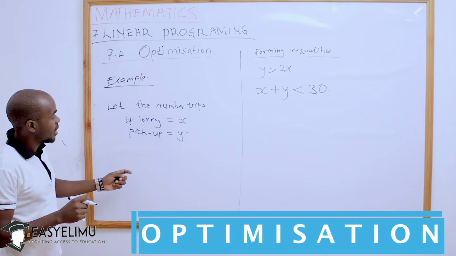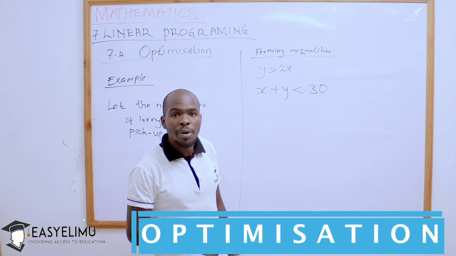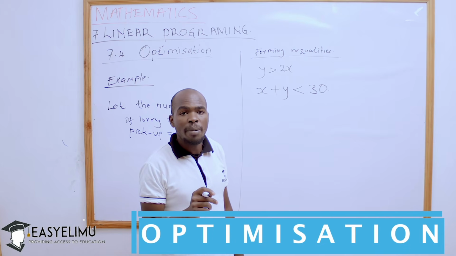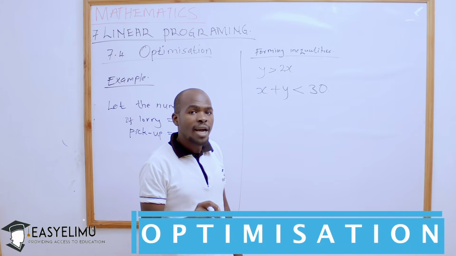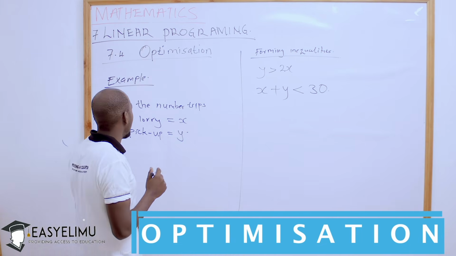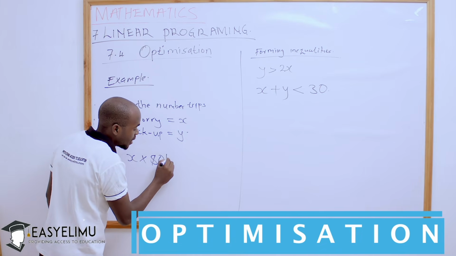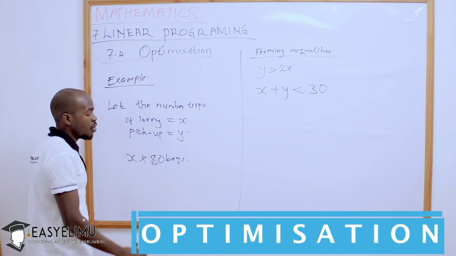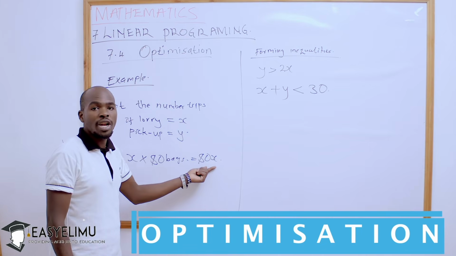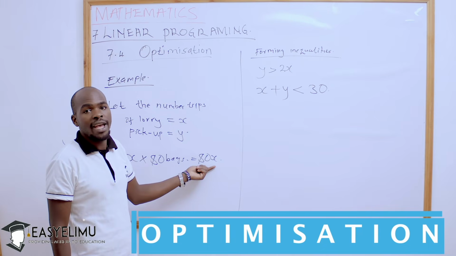So if we take the maximum number of bags carried by a lorry and multiply by the number of trips, we shall get the maximum number of bags that a lorry carries in x trips. For example, x multiplied by 80 bags per trip gives 80x. And this is the total number of bags that a lorry will carry in x trips.